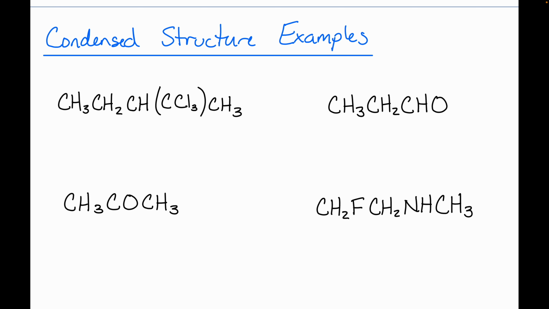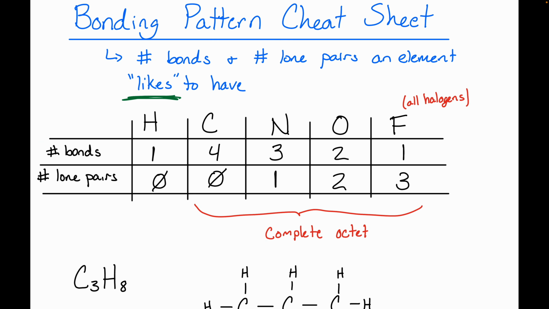One thing I want to point out before we get going is I have Cl in this formula, chlorine. And if we look back on our cheat sheet for our bonding patterns, we don't see chlorine anywhere. So how am I supposed to know what the bonding pattern of chlorine is? Yeah, everybody in what we call a family on the periodic table has the same bonding patterns, right?